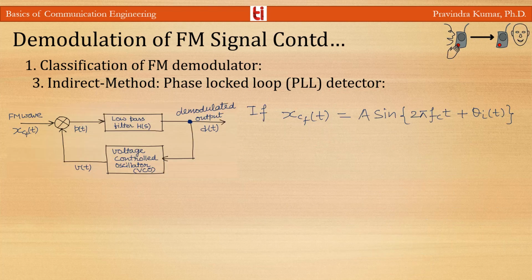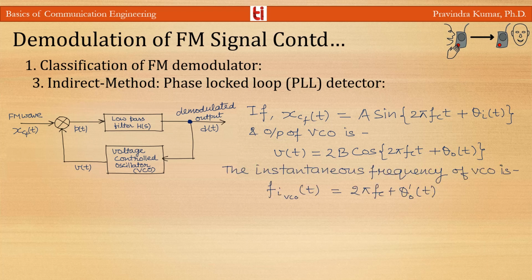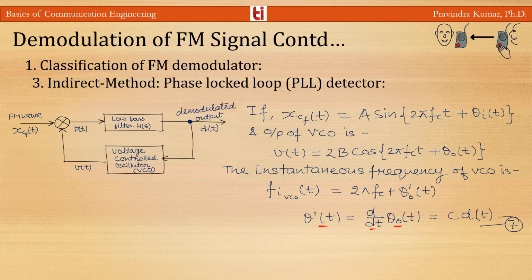So if x_c(t), the FM wave, is given as A sin(2πfct + θi(t)), and the output of the VCO is 2B cos(2πfct + θ0(t)), the instantaneous frequency of the VCO, fi,VCO(t), is 2πfc plus θ0'(t), where θ0'(t) is equal to d/dt of θ0(t), and it is equal to the constant C times d(t).